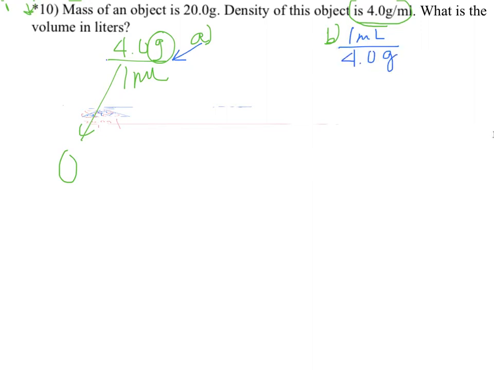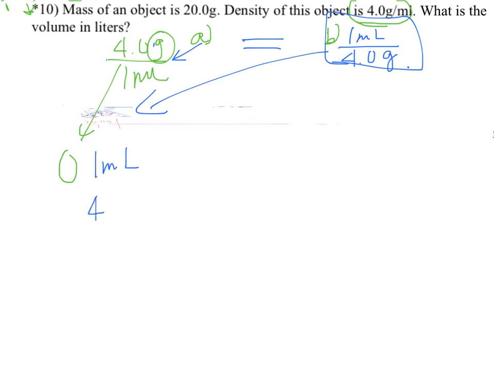So A and B are the same in terms of value, but in one I write grams at the top and in the other I write grams at the bottom. Now I can plug this in over here. So let's do that. So I say 1 milliliter, which is my density, over 4.0 grams. Nice. Now my grams can cancel out.